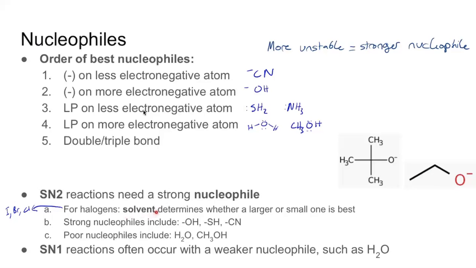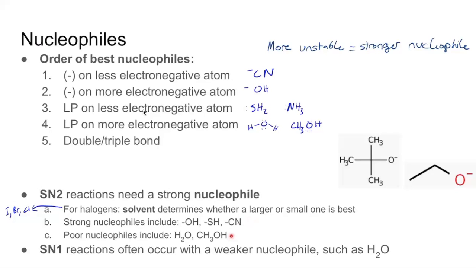The solvent that you have in your reaction for these halogens will determine whether a larger halogen or a smaller halogen is better for the reaction. I'm just saying that in advance for a lecture we're going to have later this week, where we'll talk a bit more about solvents and how they impact reactions. So just keep this one in the back of your mind for now, but we'll discuss solvents a little bit later. And then this is just an example of some strong nucleophiles that we have here.